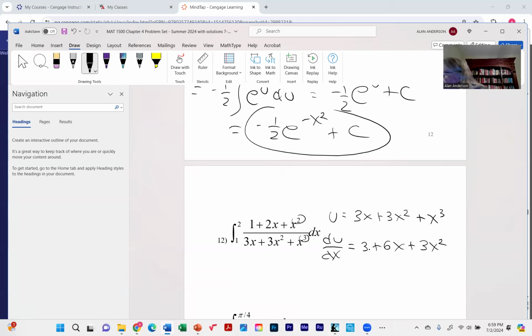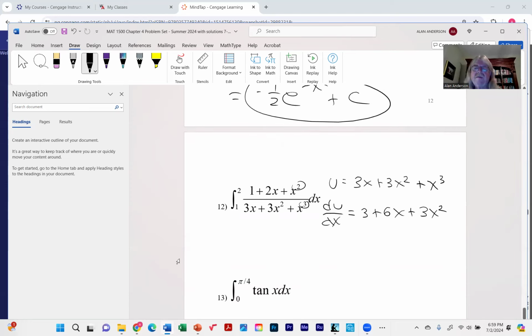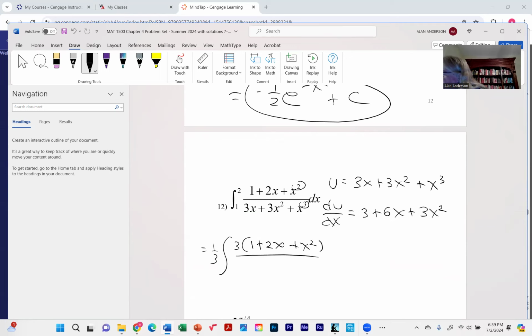So, hmm, interesting. Turns out that the numerator is 1/3 of that. So I'm going to supply the constant of 3.